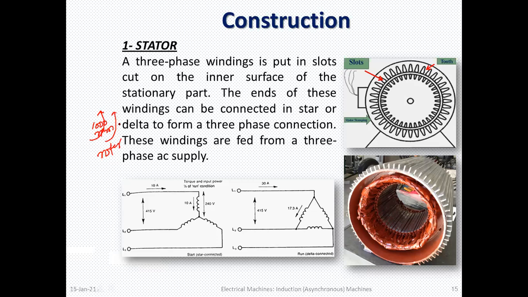So to avoid the induced EMF becoming zero in the rotor, the speed of the rotor is always kept not equal to the rotating magnetic field speed, but very near to it, never equal. Once it becomes equal to the rotating magnetic field, what will happen? The induced EMF in the rotor becomes zero, and torque also becomes zero.